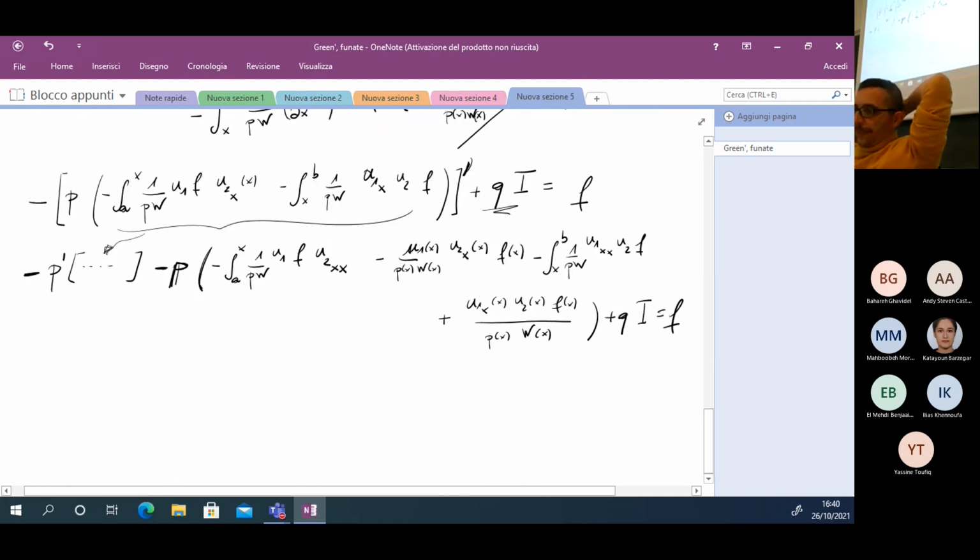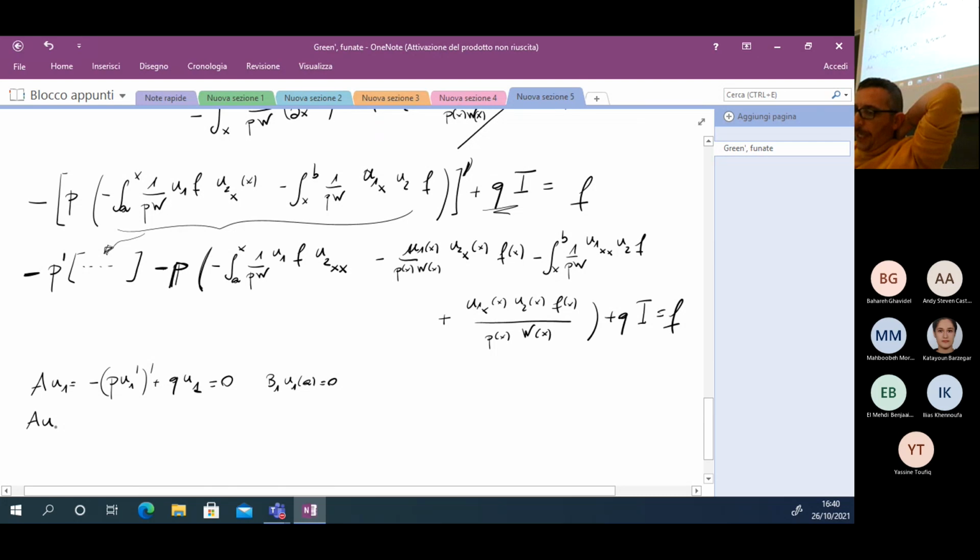What does this mean? Basically this means that L u1, which is minus p u1 prime plus q u1, is equal to 0 with B1 u1(a) equal to 0.